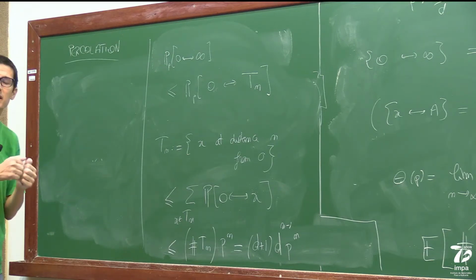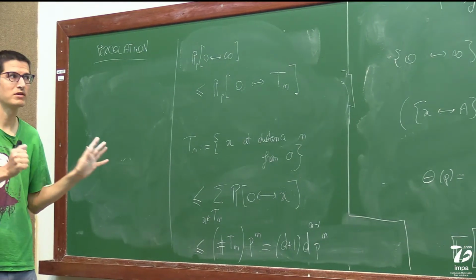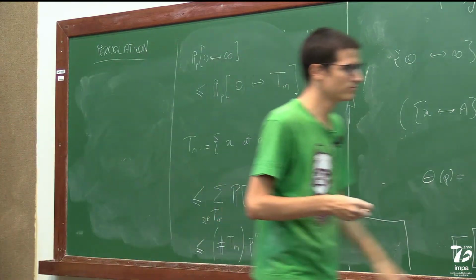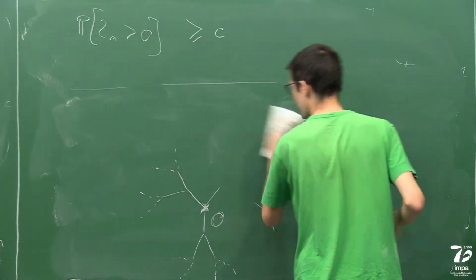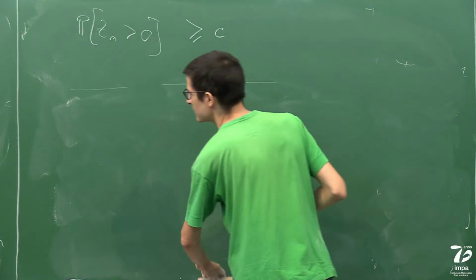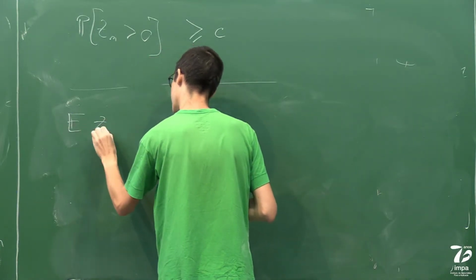If the expectation of the square is roughly equal to the square of the expectation, this means that probably you're not too far off in your reasoning. Okay, so let's try to compute the expectation of Zn square, and then try to see if we can conclude from there.